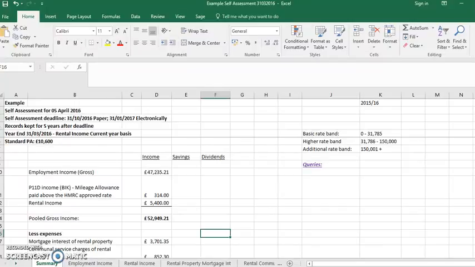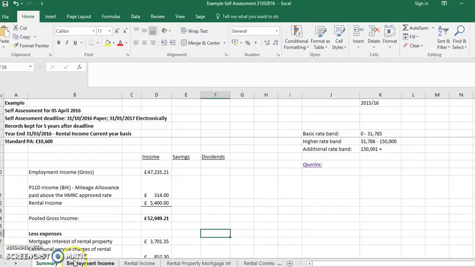The requirement is to pull all these income streams together to provide a gross income. Obviously where a loss occurs, there are different treatments with trading losses and rental losses. However, just for demonstration purposes, I'm going to run through this example of a self-assessment and how different information has been collated to create this calculation.